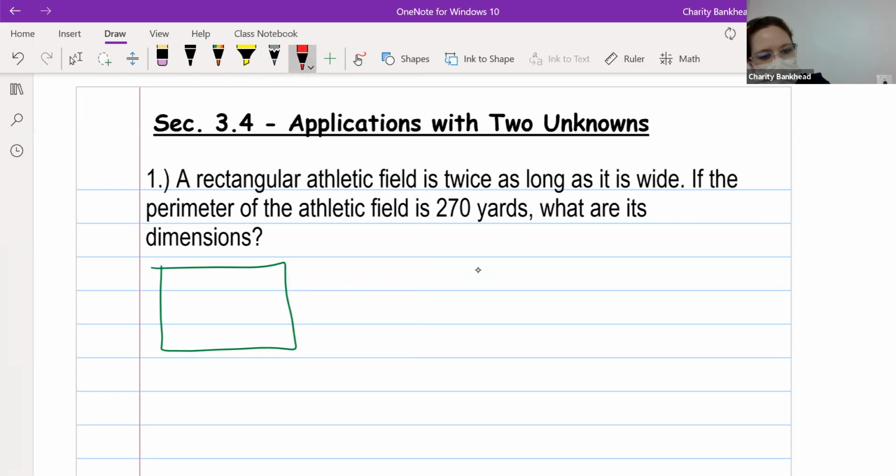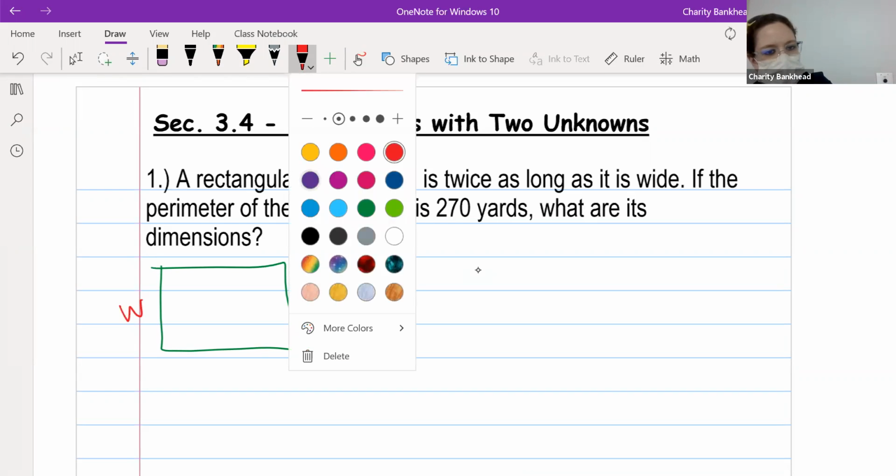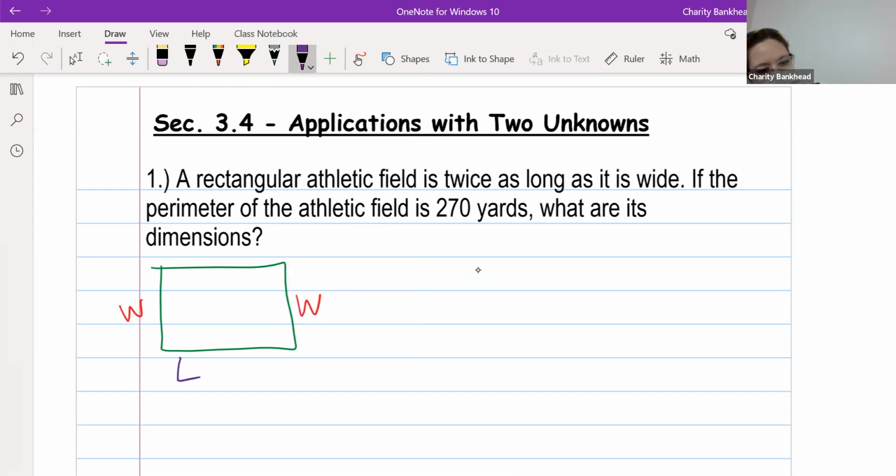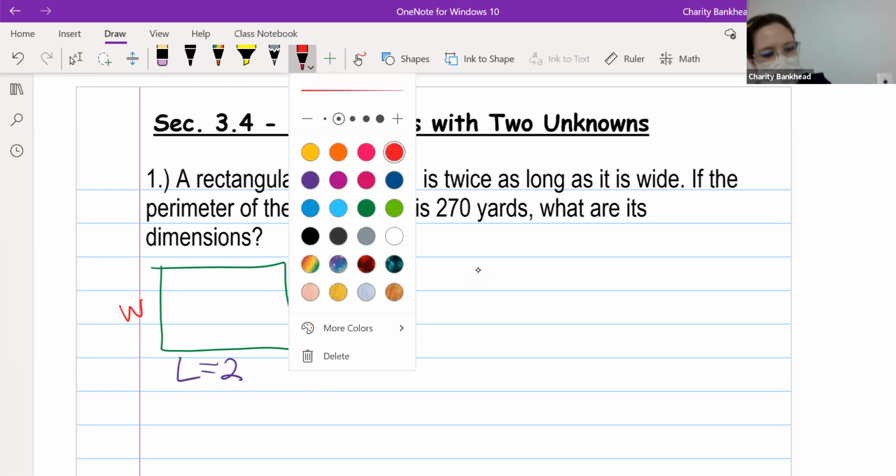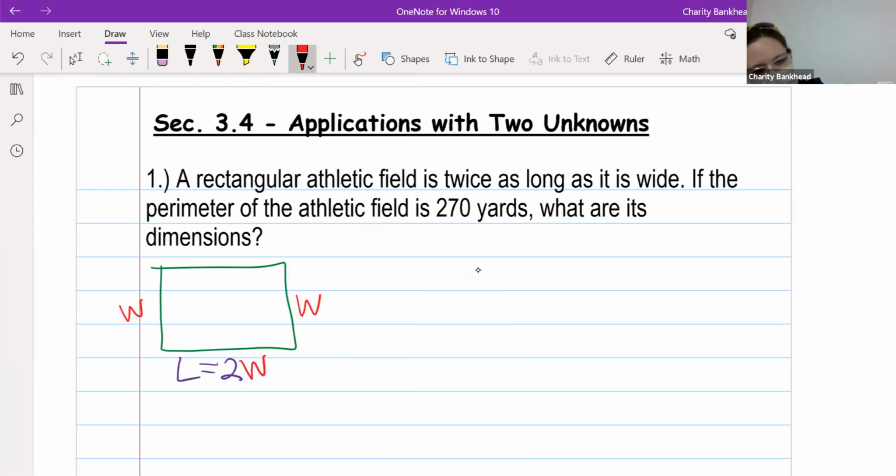So here's the width. And then the length is equal to twice as long as it is wide. So the length is equal to 2 times the width.